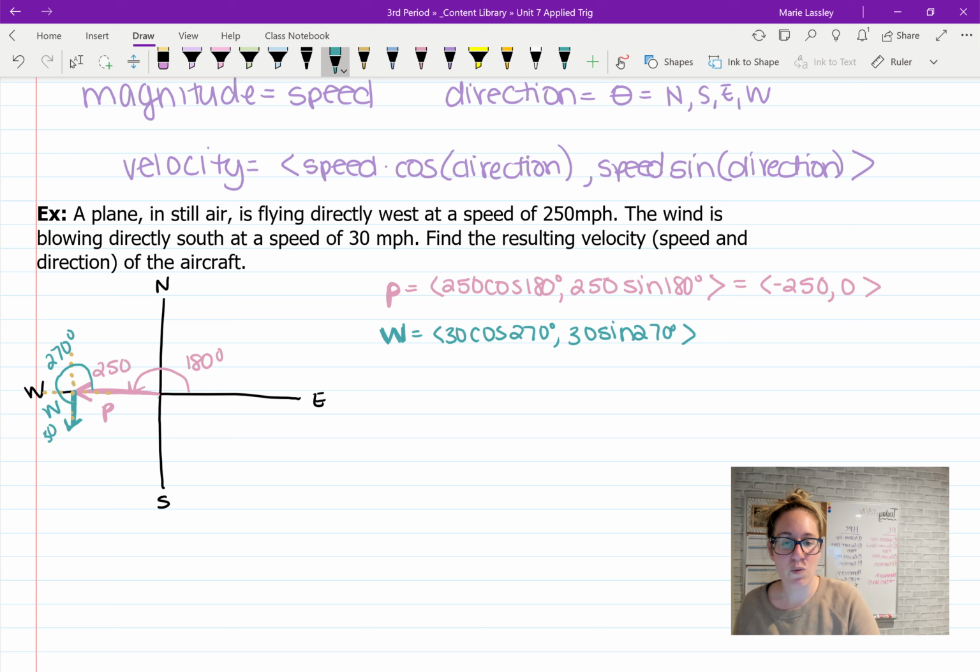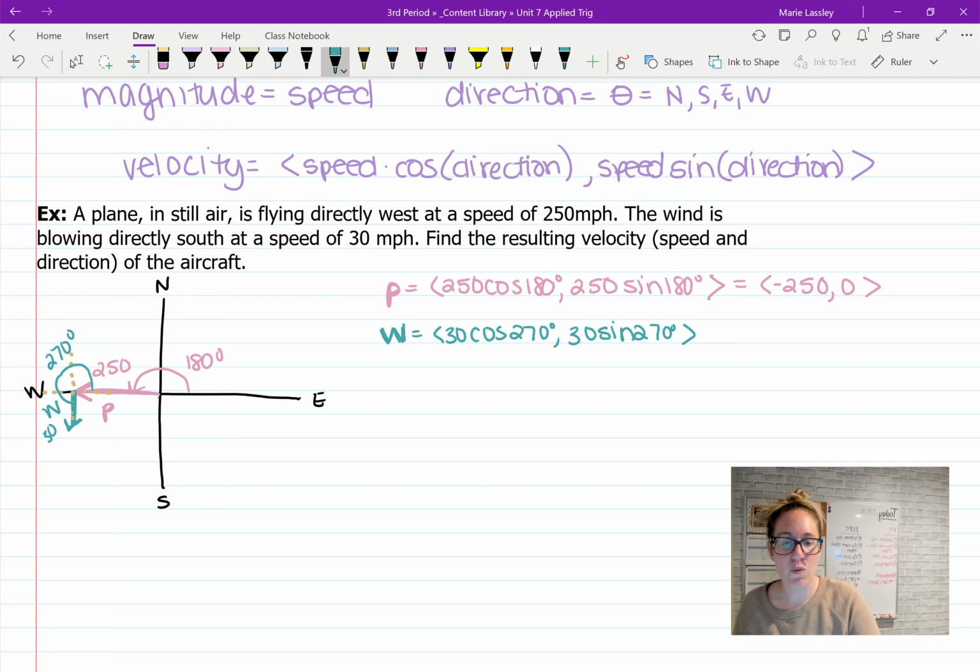Okay, so then the instructions say, find the resulting velocity, speed, and direction of the aircraft. Our aircraft is what's connecting. Remember, when we add, it takes the starting point of the first vector and the ending point of the second vector. So this is our resulting velocity.